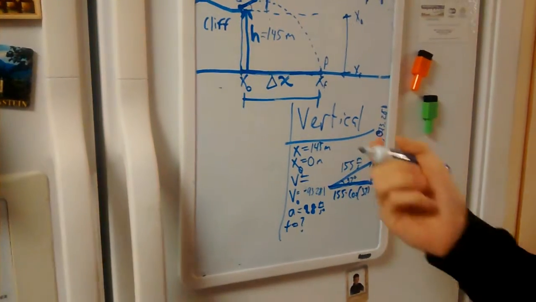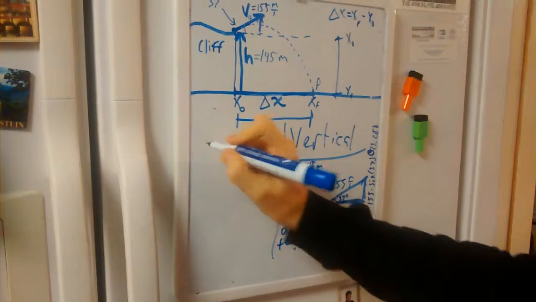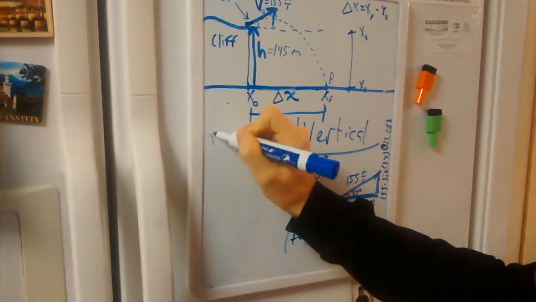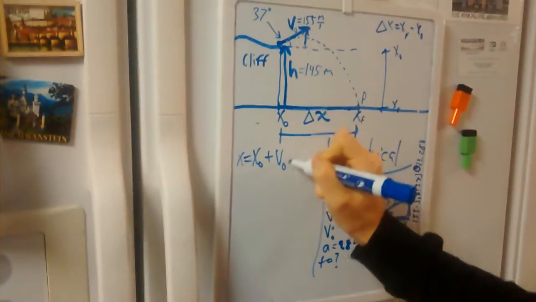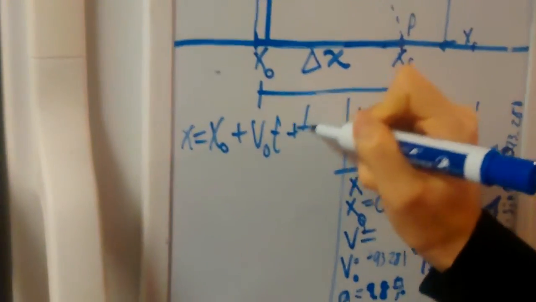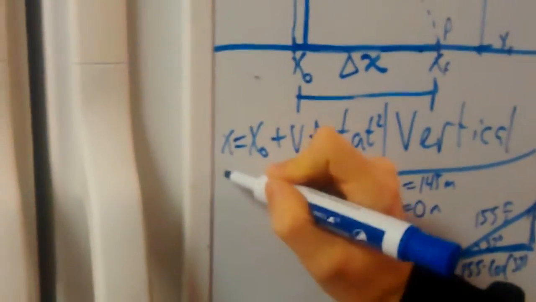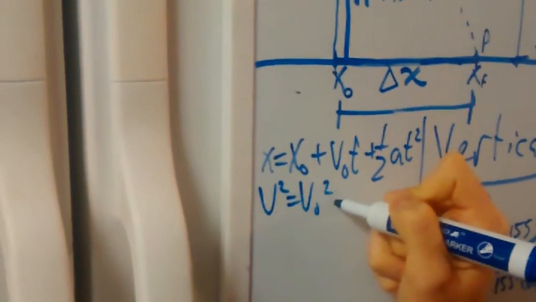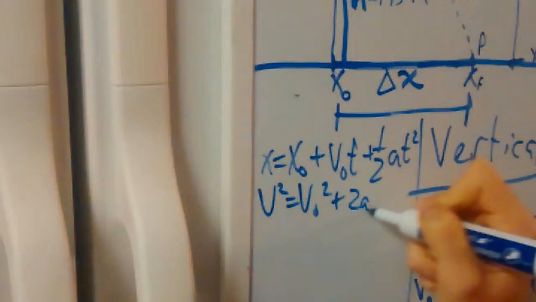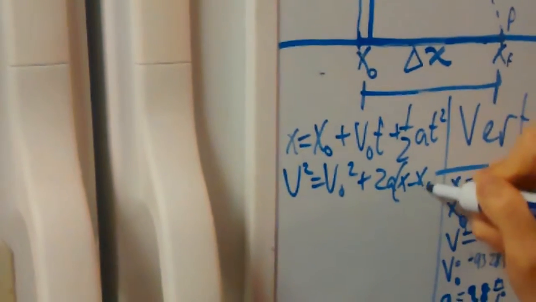The 3 equations that are used most often in projectile motion are x equals x naught plus v naught t plus 1/2 at squared. Also, we have v squared equals v naught squared plus 2a times x minus x naught.